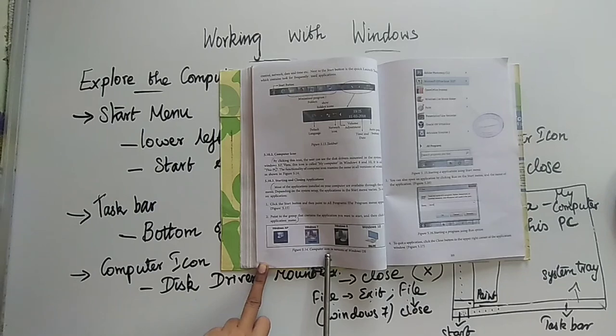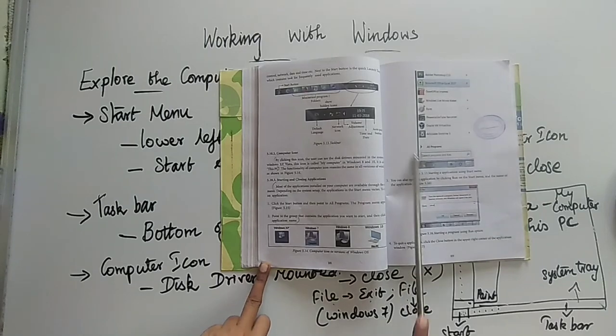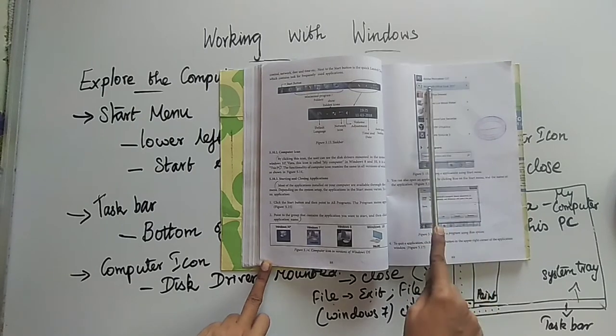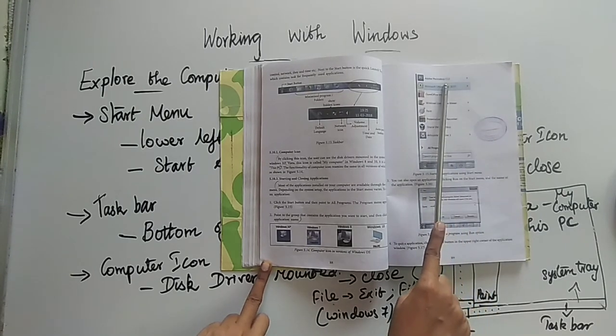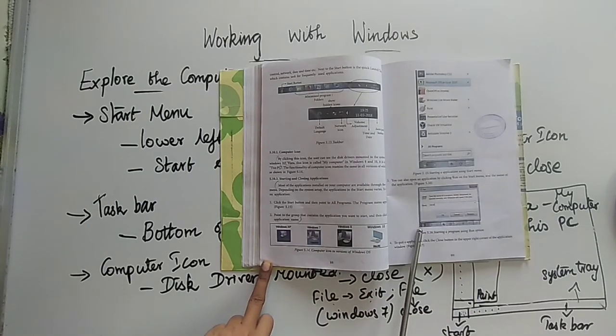Next we are going to see how to start and close. This is the way to start. Click the start button, a pop-up will be displayed, and here they have selected Microsoft Office Excel 2007. So that application will be displayed for you. Another way, as I told you, is to click Run. Click start, then Run, and select it.